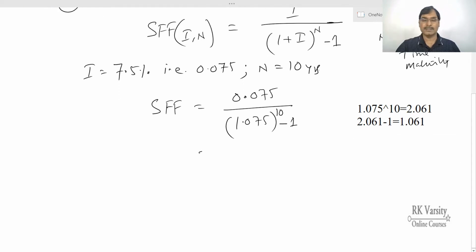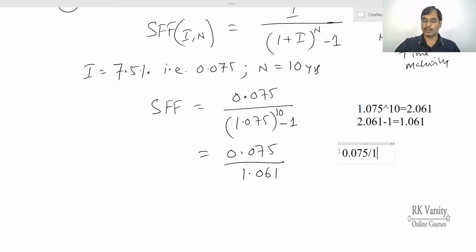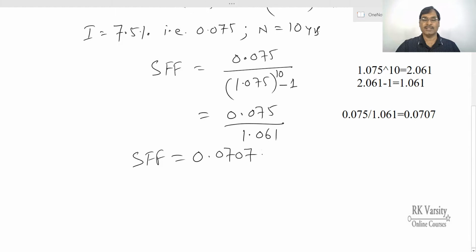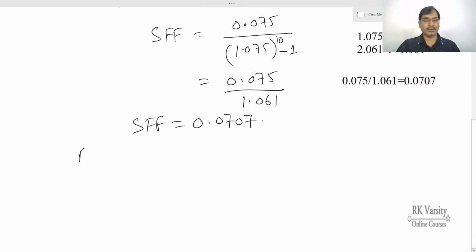So this equals 0.075 upon 1.061, which is 0.0707. So the sinking fund factor equals 0.0707.